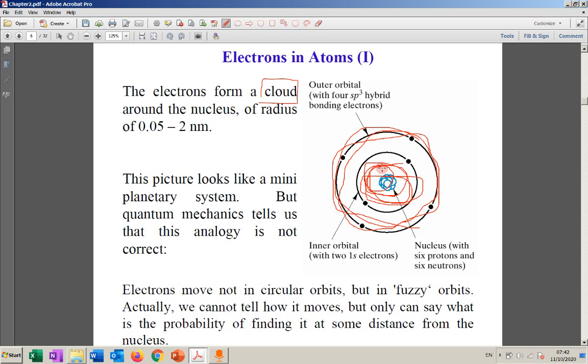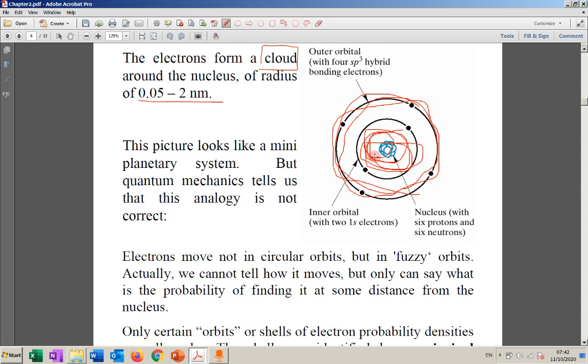We're going to talk about those later. They were telling us it's like a mini system, but it's not going to be exactly in the same location. So the way the electrons follow the nucleus, they create a cloud around it. The radius is very small, according to the number of atoms in the orbits that we have.